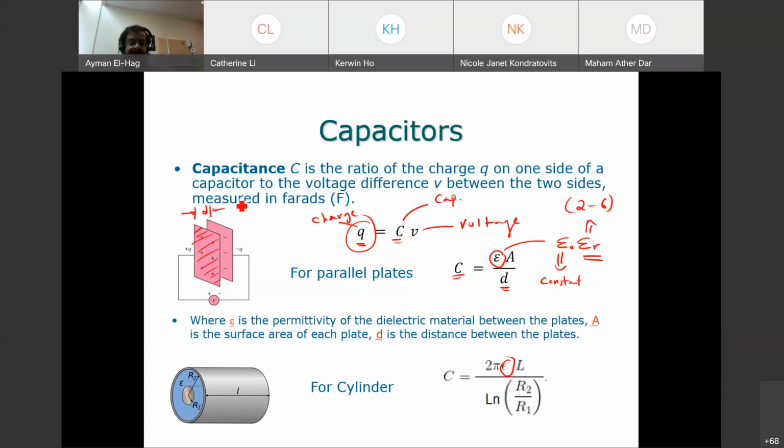Now, as I said, if I want to have a bigger capacitor, which I usually do, how can I do that? These are the three parameters that I can play with. I can increase epsilon, but as you can see here, we have limitations. Except recently, in the last few years, we have something, as maybe you have heard the term, nanotechnology. And nanotechnology has a lot of applications.